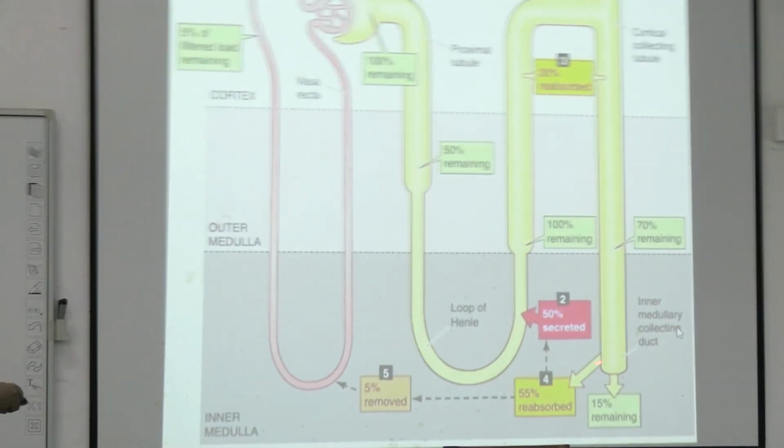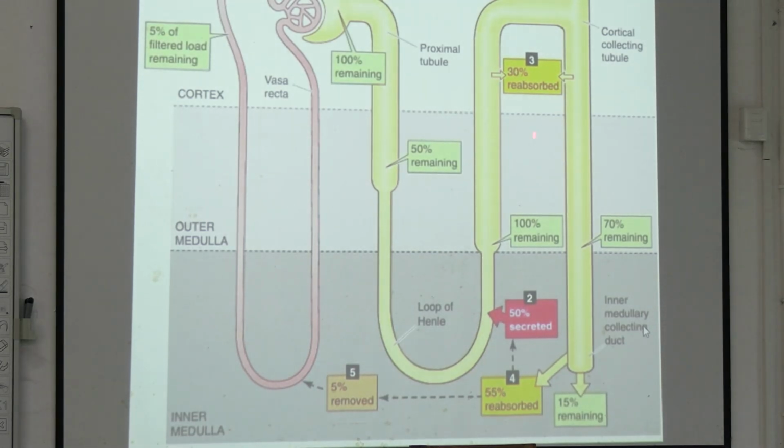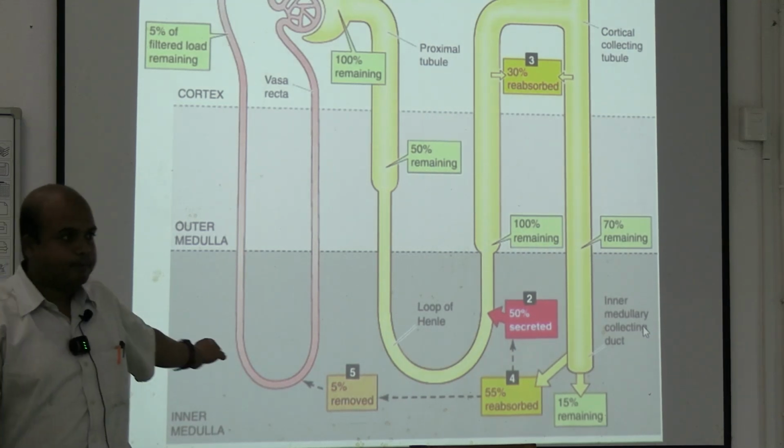Again, whatever is going, 100%, 50%, 100% remaining. Some urea transporters are there, almost nothing, but 30% reabsorbed, so 70% remaining. Most is here. You don't have to remember these percentage values.